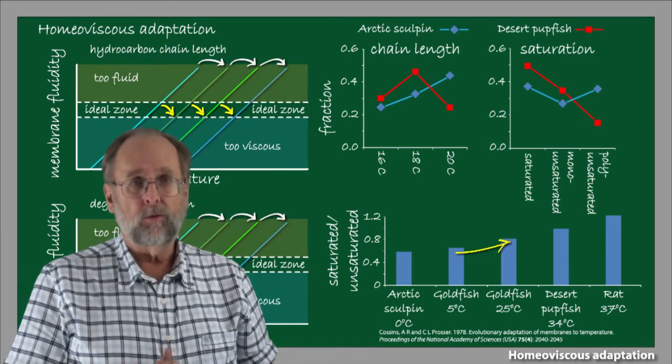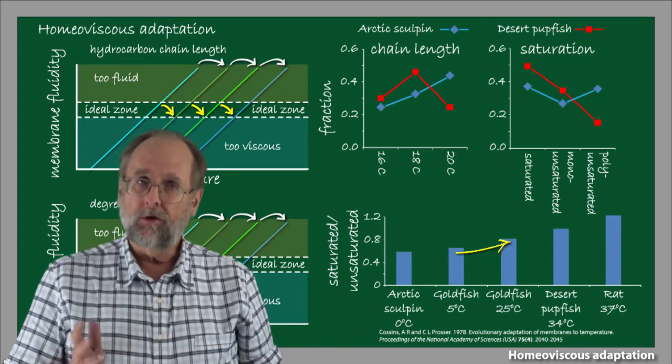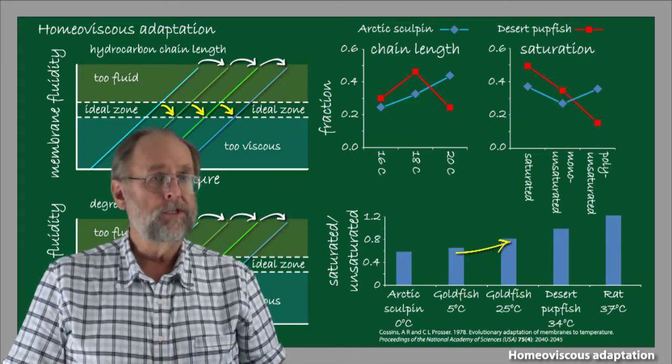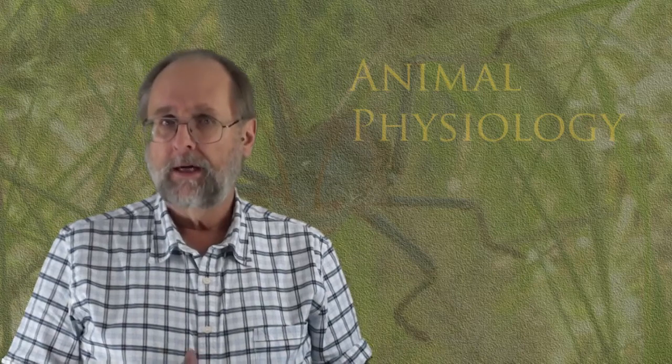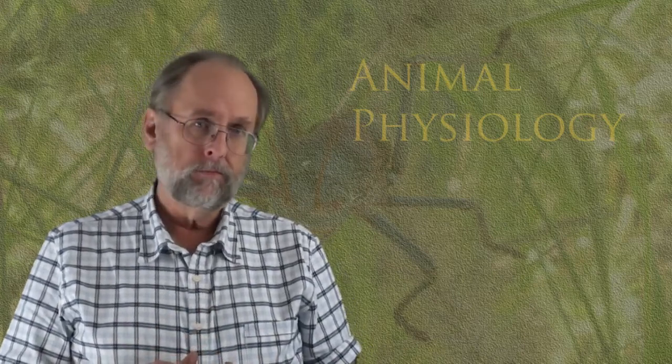Animals acclimated to warmer and warmer temperatures load up their cell membranes with ever more saturated phospholipids. In general, then, the hypothesis of homeoviscous adaptation of cell membranes seems mostly to be borne out. Animals adapt their cell membranes to the local temperature, seemingly to maintain fluidity around some particular value.